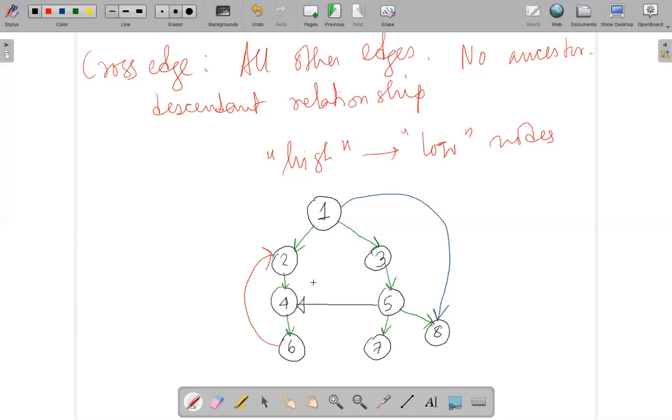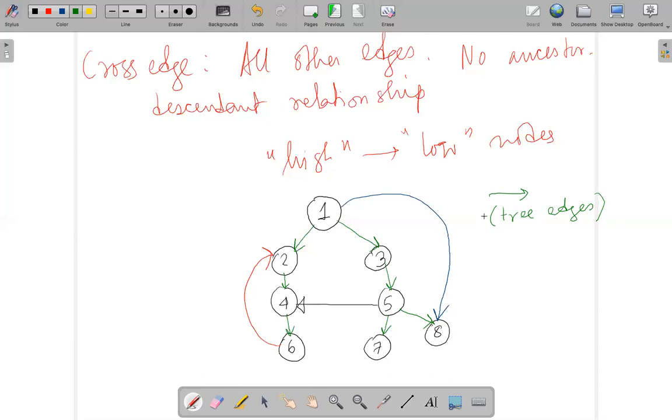So here, if this is a graph, I have intentionally colored it in different ways. So some edges are colored green. These green edges are, you immediately understand, tree edges, involving direct descendants and first exploration.